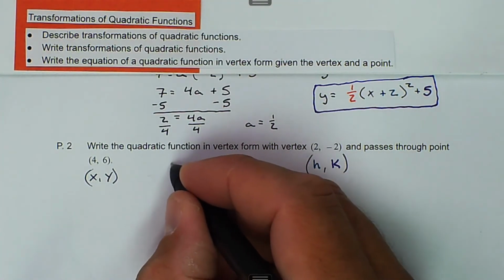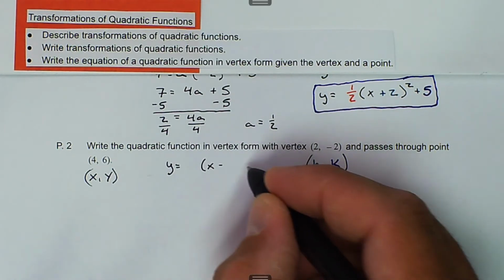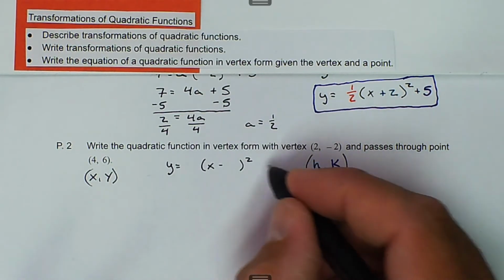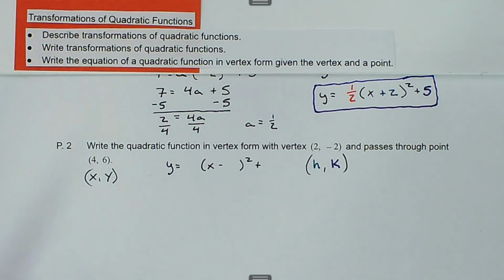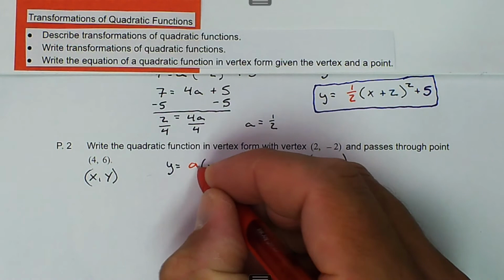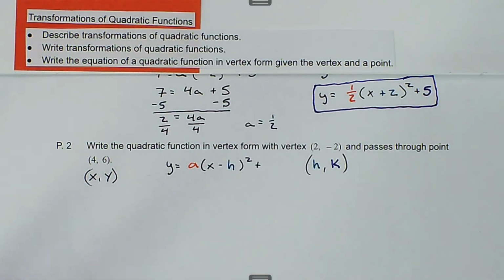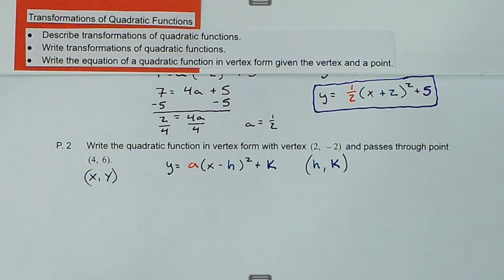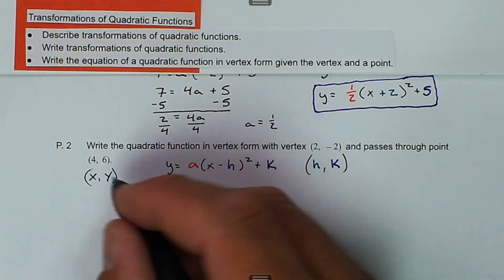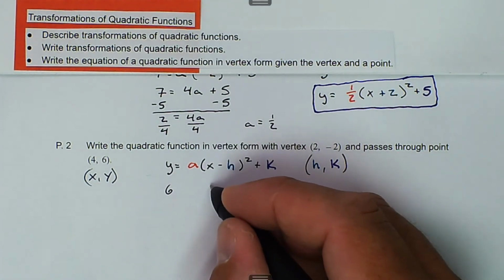So we still have to use our equation. y equals some a value times x minus h quantity squared plus k. So we still have our a value, we still have our h value, and we still have our k value. So those are the values that we can substitute in. We know that our y is 6 and our x is 4.